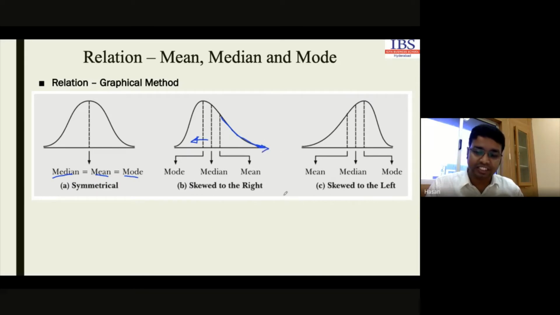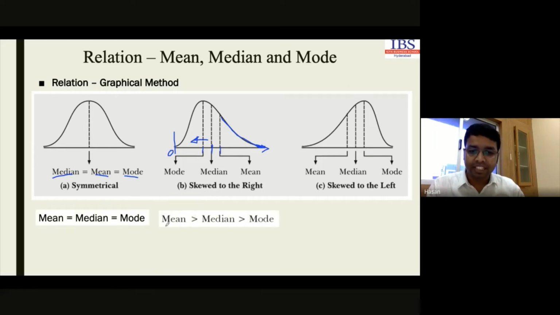So it is right skewed. In that case, starting from the origin, mode is lesser than median and median is lesser than mean. So the relation is: mean is greater than median, and median is greater than mode. This is the relation.